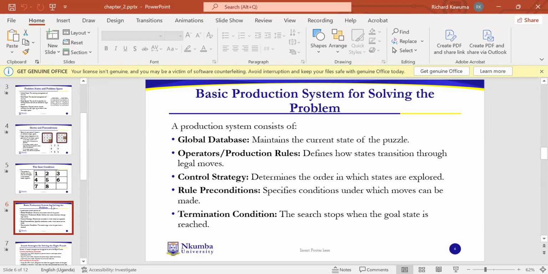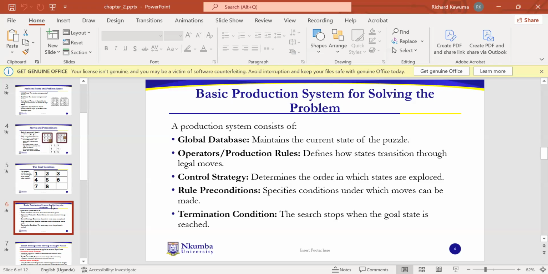Then we have the rule preconditions. Sometimes you need to put some conditions. The rule is, in order to go to another semester, you have to sit the exams and pass.